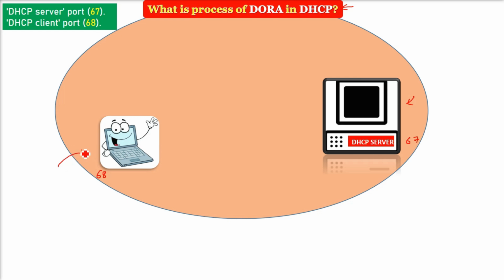Whenever a new computer joins a network, what will this computer do? It is naive. It doesn't know anything. So the first thing it will do in this DORA process, D, is what we are going to talk about here. In the DORA process, D is all about discovery. It is a child in your network.